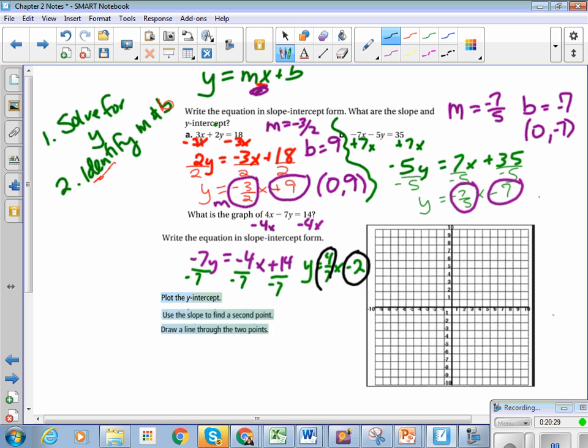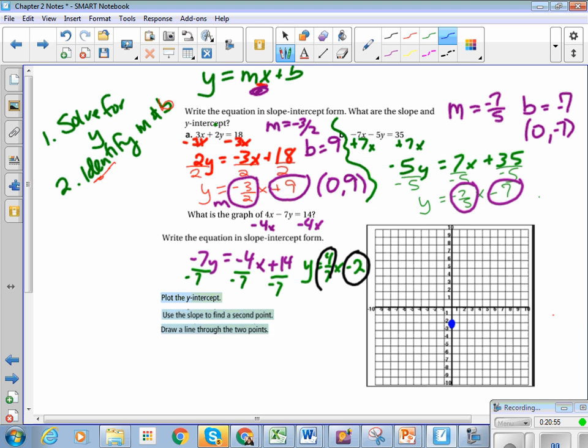So I'm going to take my negative 2 and go over to my graph. And at x equals 0, y equals negative 2, I'm going to plot that point. Then I'm going to use the slope, up 4 and over 7, to find the second point.